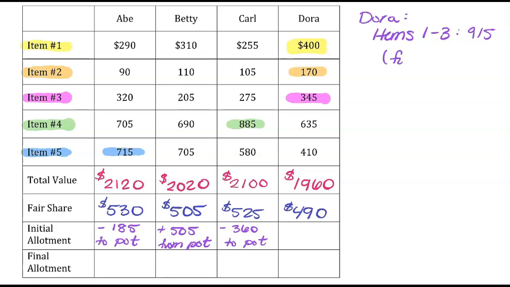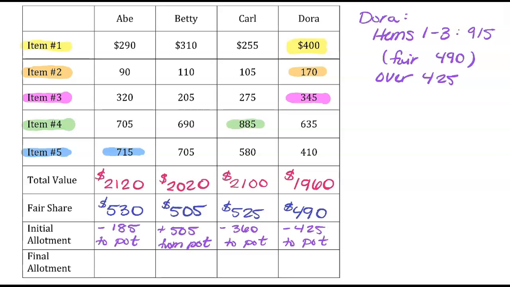What she considered to be fair was $490, so she is over by $425. That is, she needs to pay $425 to the pot. At this point, each individual has exactly their fair share. If they received items that were worth more than their fair share, they needed to pay up. If they received items or no items less than a fair share, they received money from the pot.